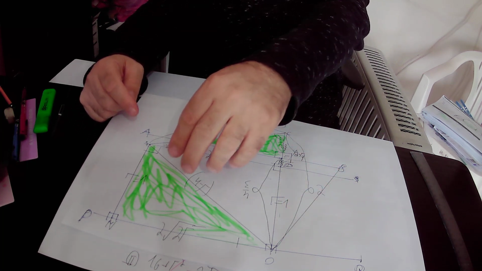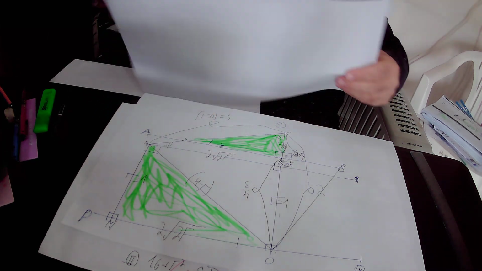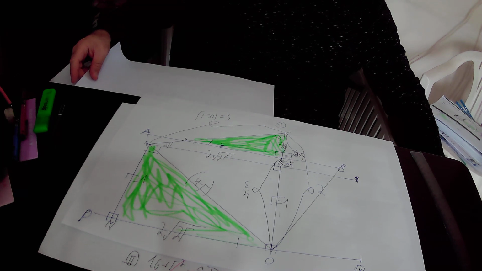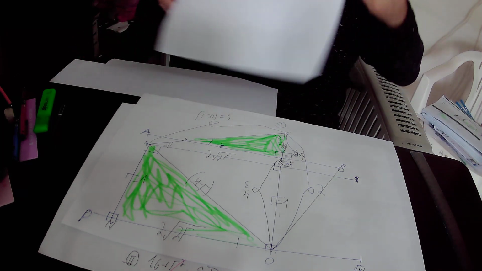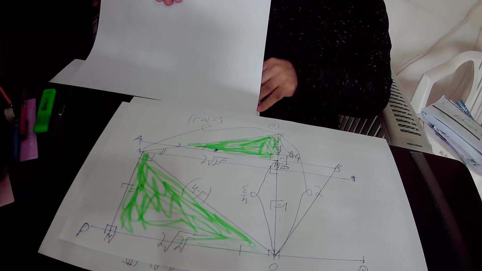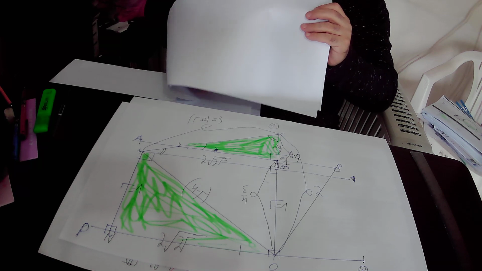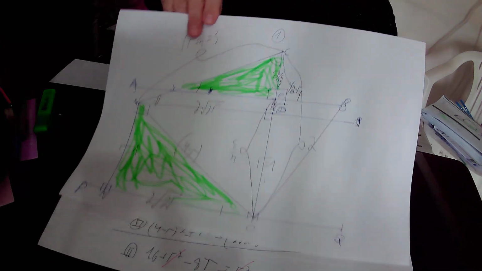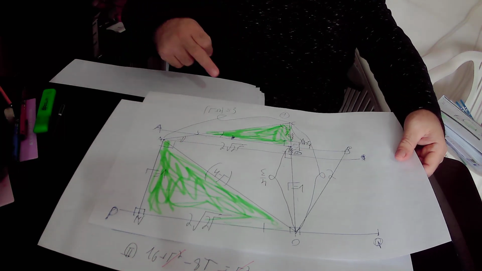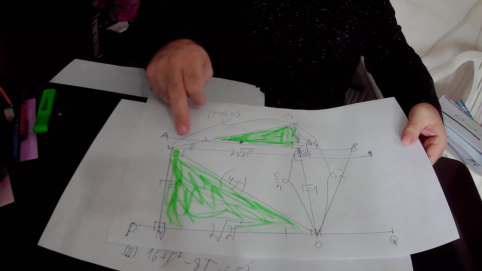We focused on the right triangle MNO. In the right triangle MNO, the green triangle, according to the Pythagoras theorem, the square of the hypotenuse equals the sum of the squares of the perpendiculars.